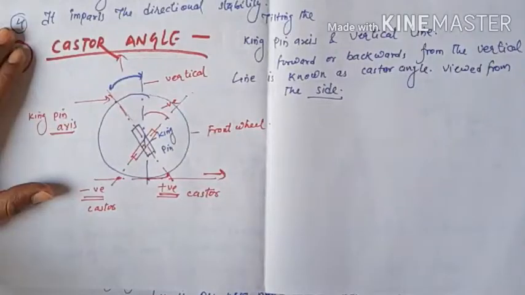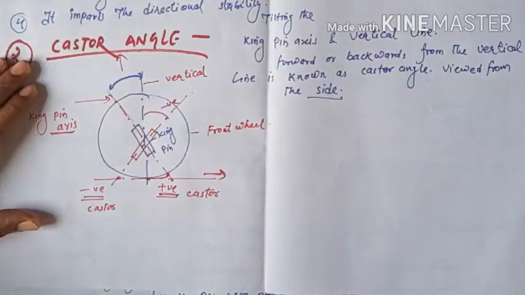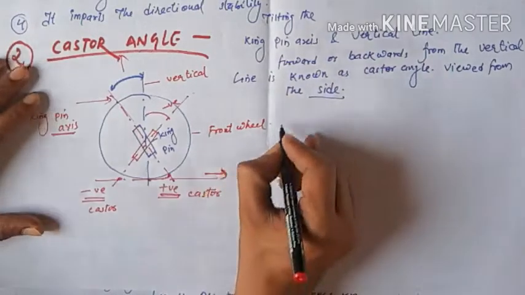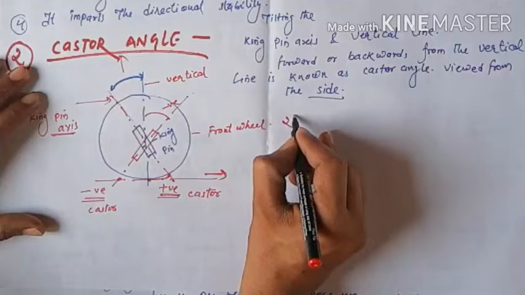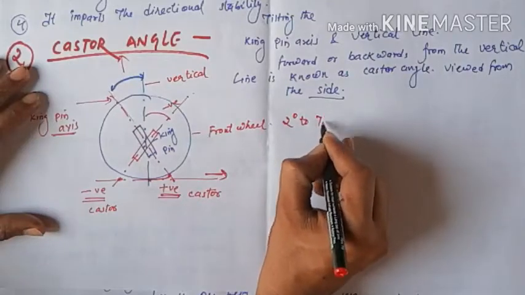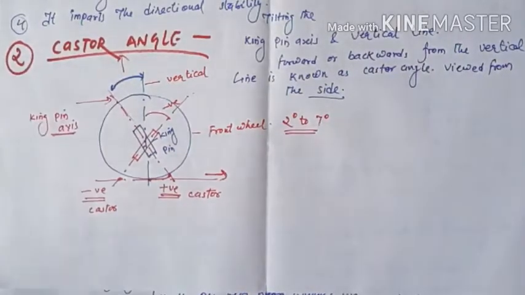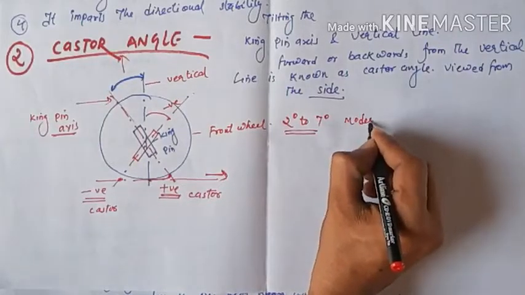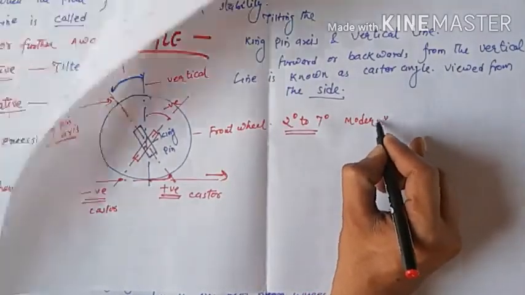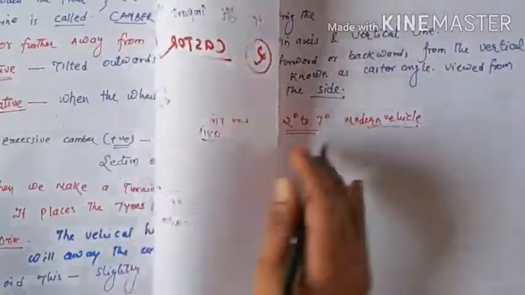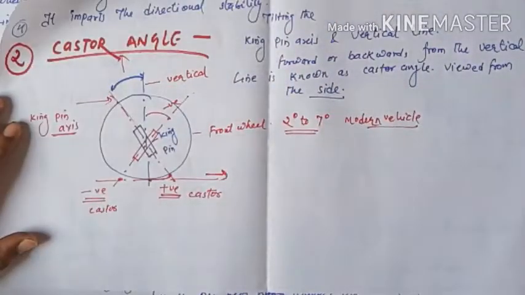Okay, and it ranges from 2 to 7 degrees in modern vehicles. So what is the actual angle? 2 degrees to 7 degrees is the value of this caster angle in modern vehicles.